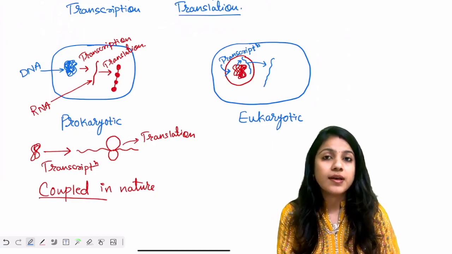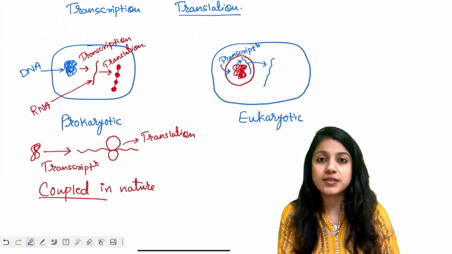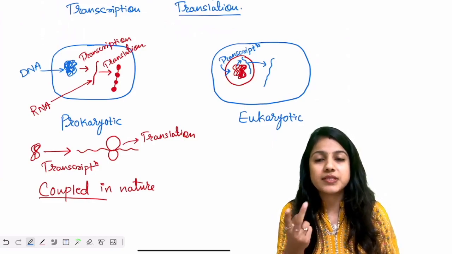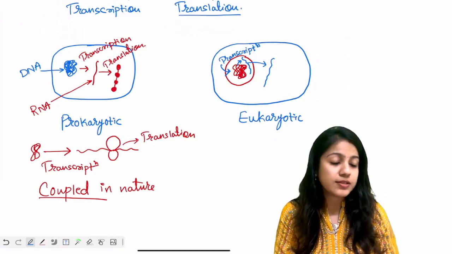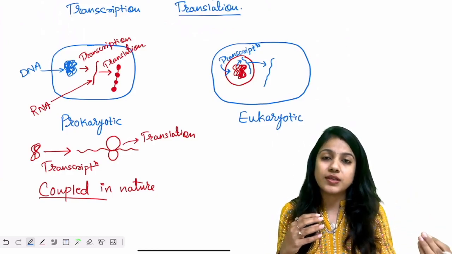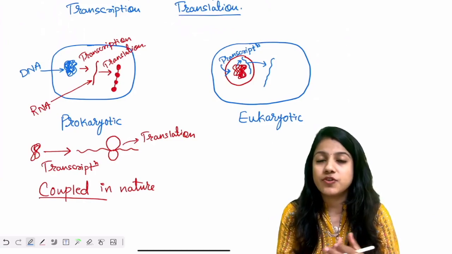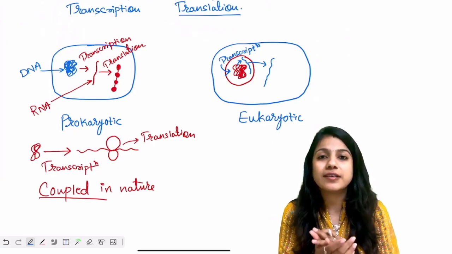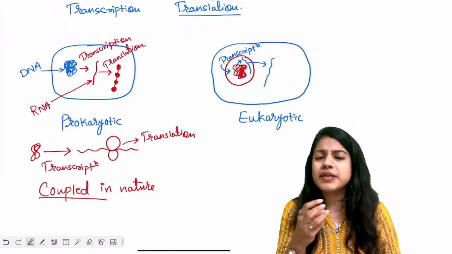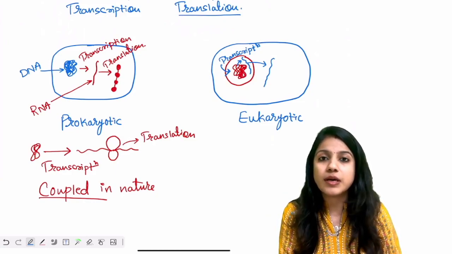If you remember, in the case of eukaryotic organisms, a little further processing was also needed, like capping, splicing, and tailing. Why? Because RNA is formed in the nucleus and is now coming out into the cytoplasm for the formation of proteins, so it might not get degraded by other enzymes. Hence, the capping, tailing, and splicing processes are completed.